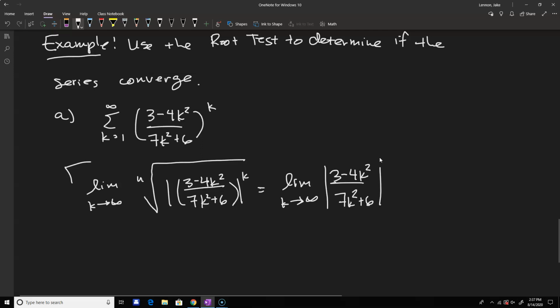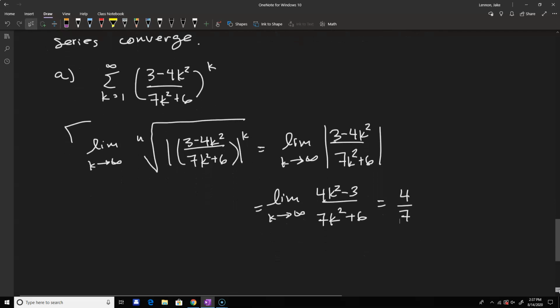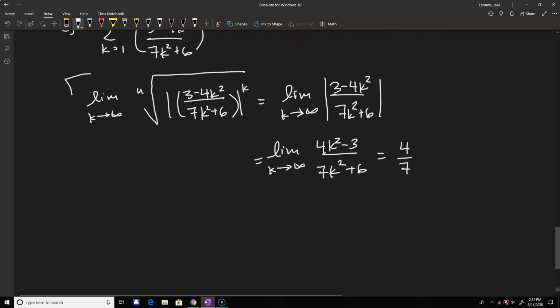So the absolute value is equivalent to just reversing the order of the top, meaning this is the limit as k goes to infinity of 4k squared minus 3 over 7k squared plus 6, and that is just going to have a limit of 4 over 7. So that is less than 1, so by the root test, the series converges.